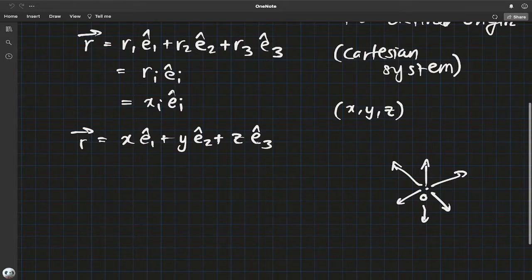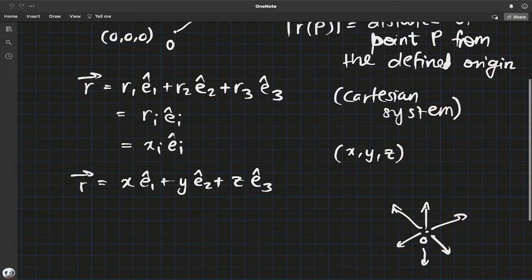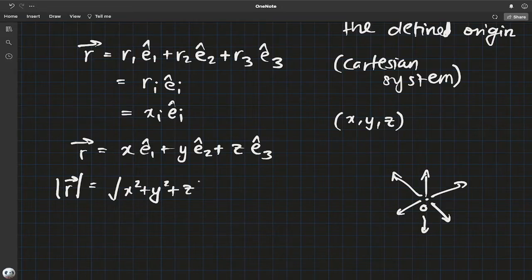So this is the position vector in the case of the Cartesian system. And you clearly notice, if you take the magnitude of this, you get the square root of x squared plus y squared plus z squared.